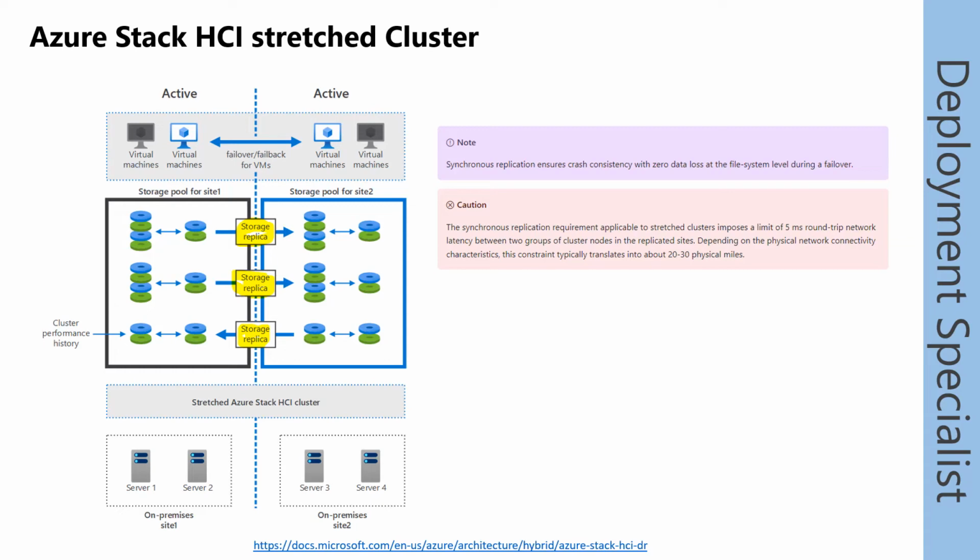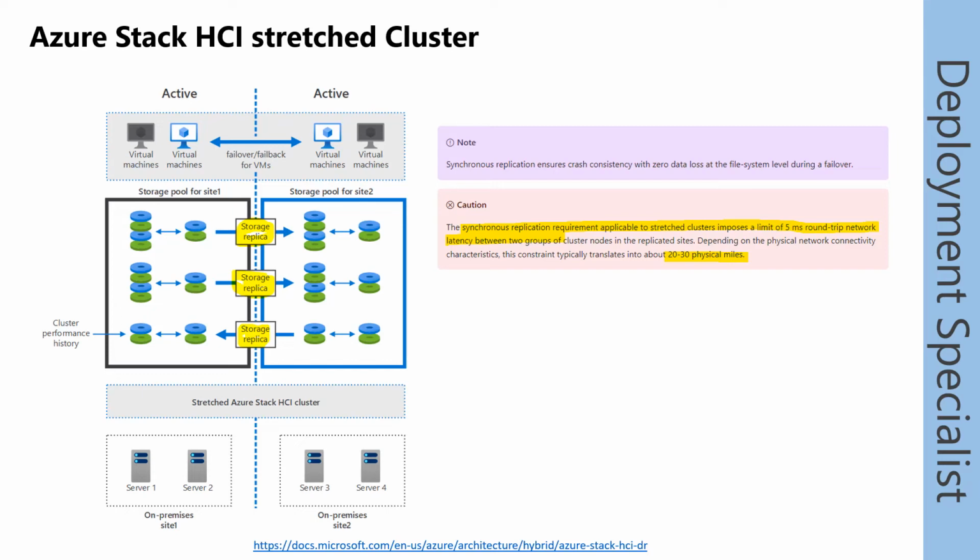Important is that for a synchronous replication, what we would use here, we require a limit of maximum 5 milliseconds round-trip network latency between the two cluster groups here, between the two sites. These are typically between 20 and 30 miles. This is between 35 and 45 kilometers. So something between 30 and 45 kilometers.